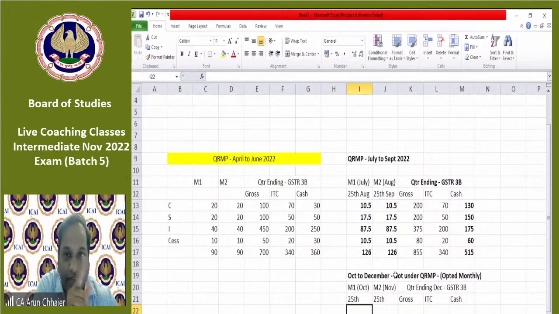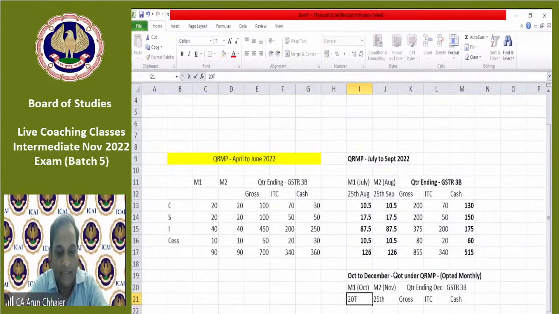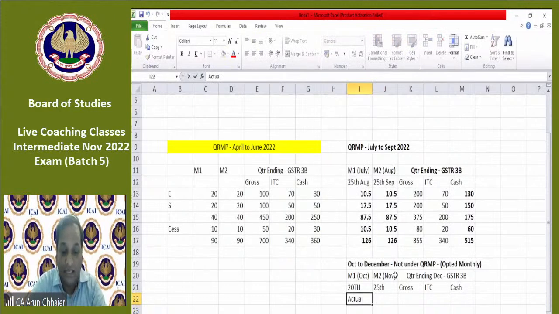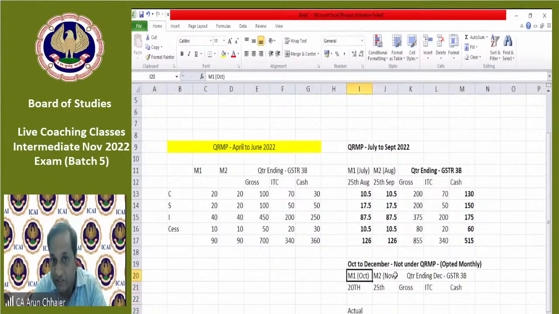Kindly confirm: if I am under the monthly scheme, is there any option available with me, the fixed sum method or the self-assessment method? If I am a monthly filer, I have to pay the taxes along with GSTR 3B on an actual basis. The methods which we have discussed, fixed sum or self-assessment, are only available for QRMP.